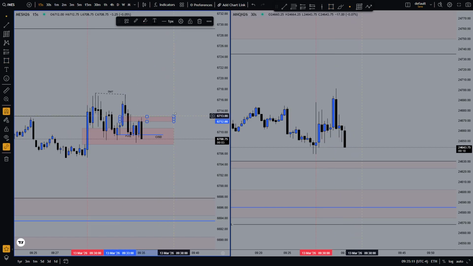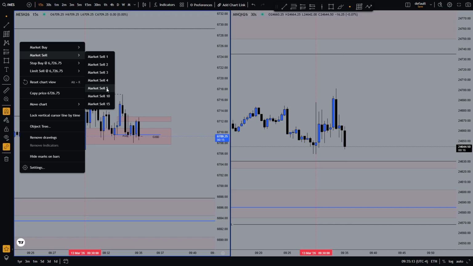See if this wants to hold. So now we get a little further through that change. We'll see if we can continue here.